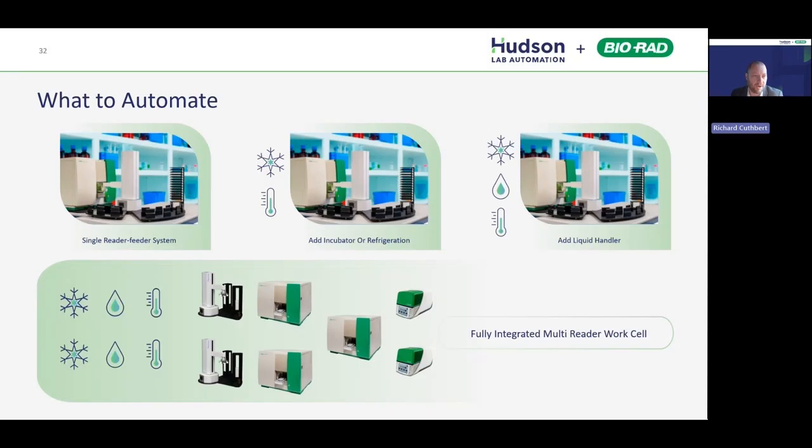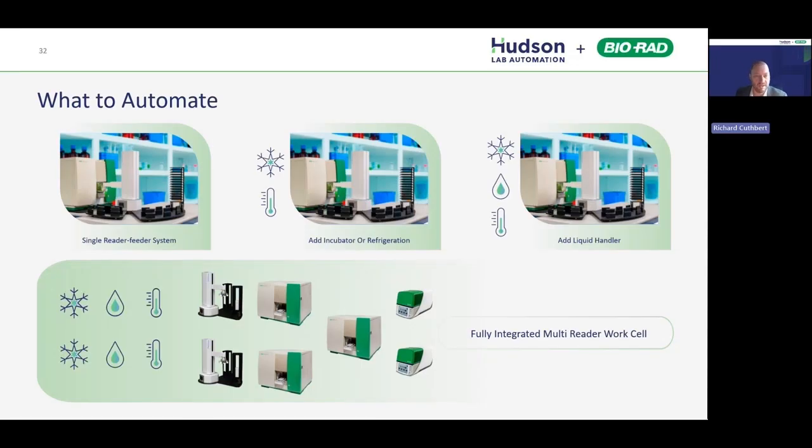It's important to think about which stage of the workflow is going to give the most benefit from automation, and spend some time thinking about the workflow and where the bottlenecks are. Each step is going to provide some level of benefit, but of course you have to weigh that against the cost. In the example above, we see a simple reader-feeder system.